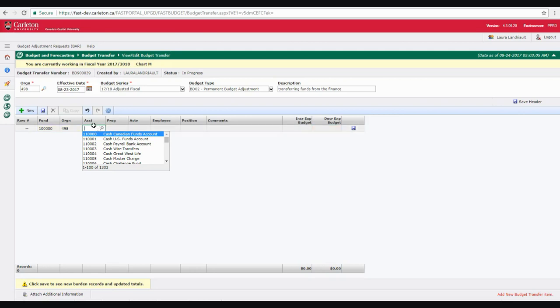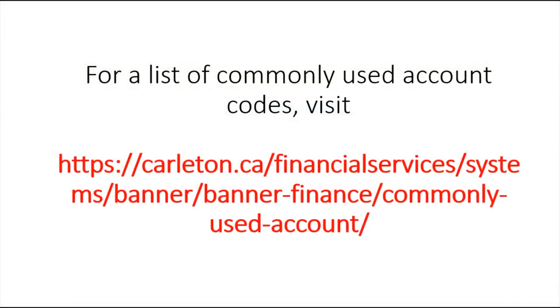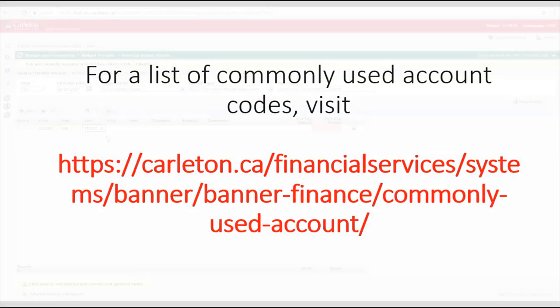For this example, I will use 710000, which is the account code for office supplies. I have chosen this account code because I have determined that I have available budget in it to transfer out. To find a list of commonly used account codes, visit this web page.